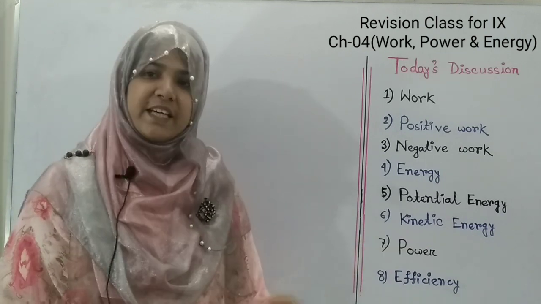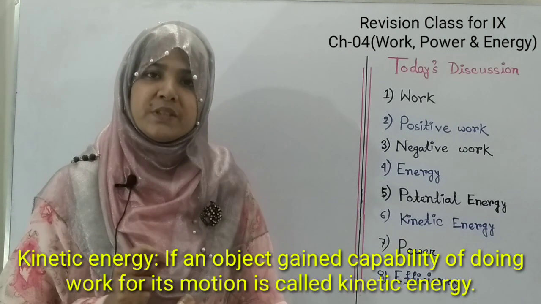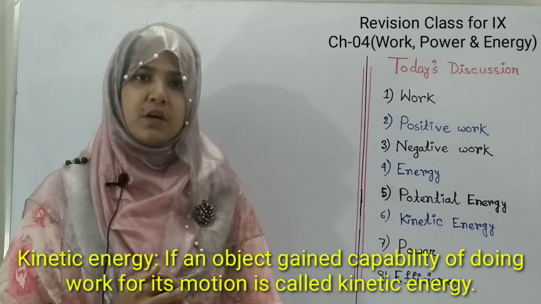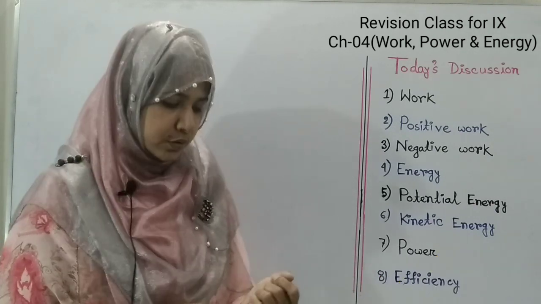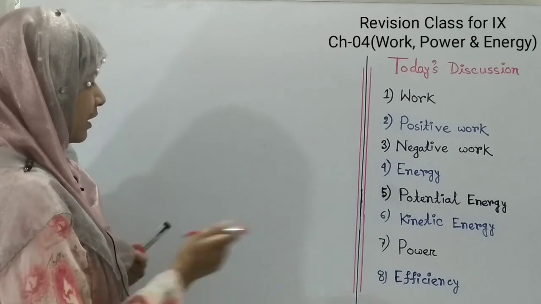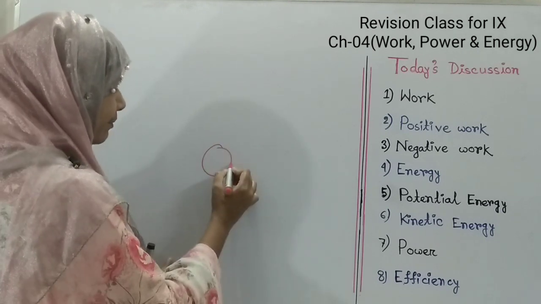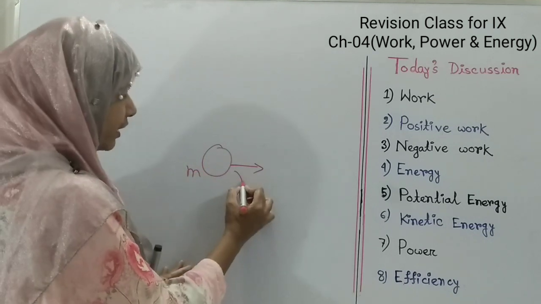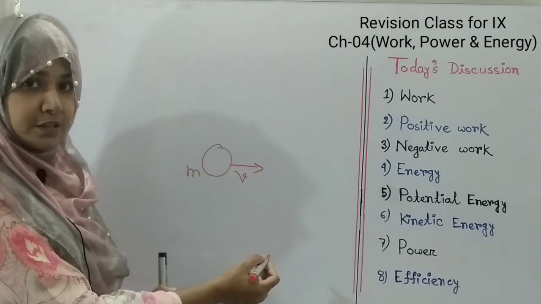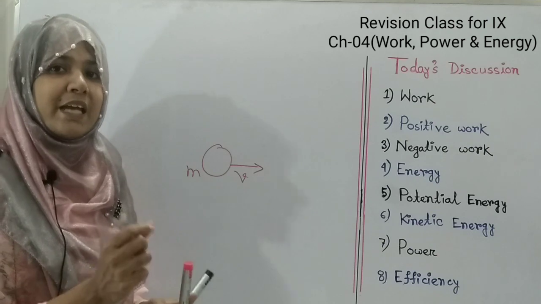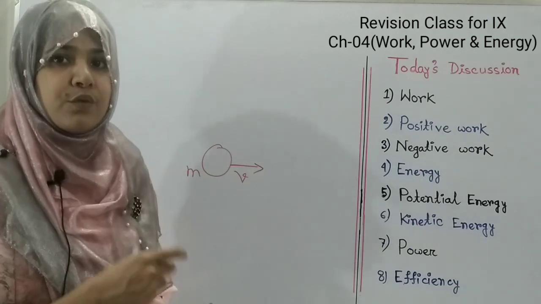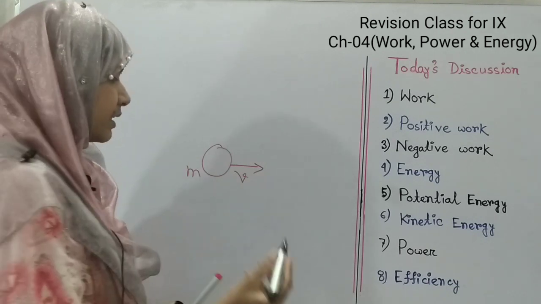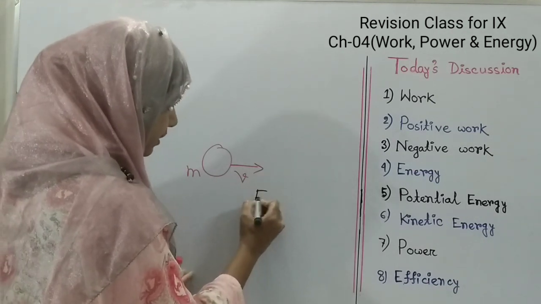Now kinetic energy. If an object gains the capability of doing work due to its motion, it is called kinetic energy. Suppose an object of mass m kg starts to move with velocity v. Due to this velocity, it will gain a capability of doing work, which is known as its kinetic energy, denoted by Ek.